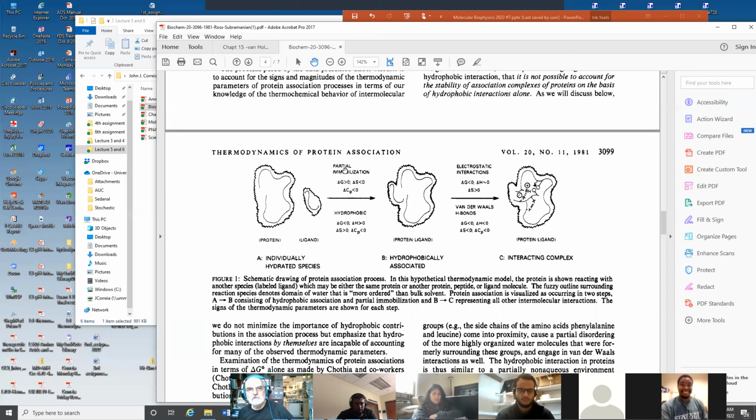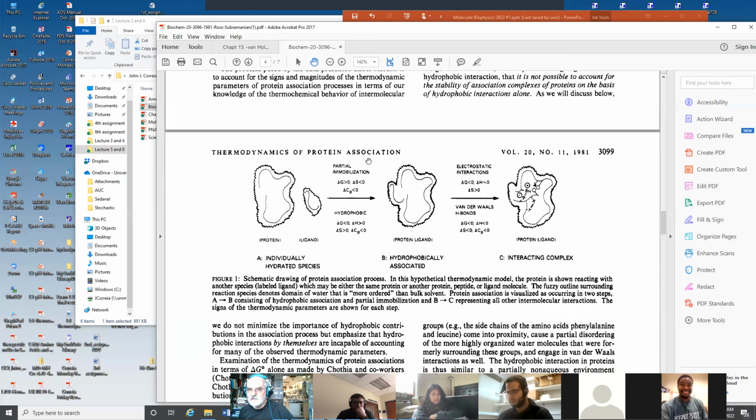And that partial immobilization means that its entropy is decreased. It's less mobile. That's unfavorable. Okay, it has a smaller entropy. It's actually unfavorable towards the overall reaction.